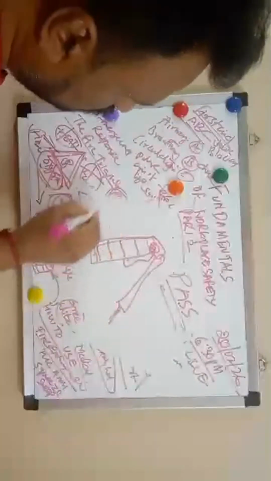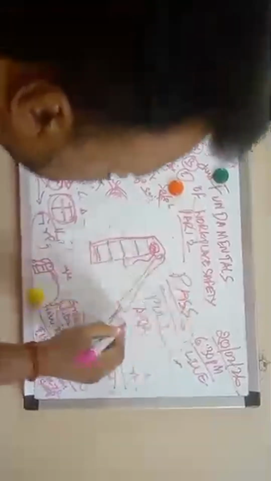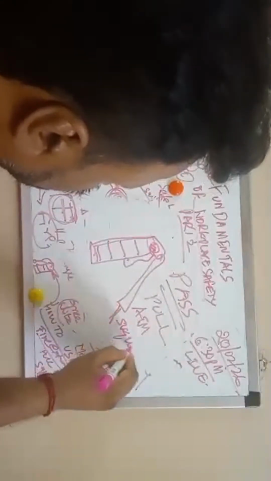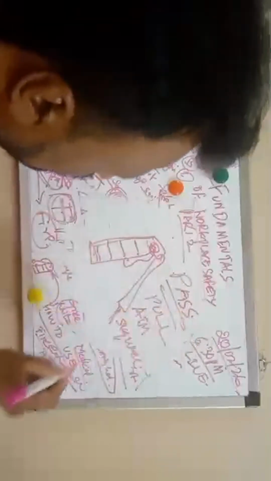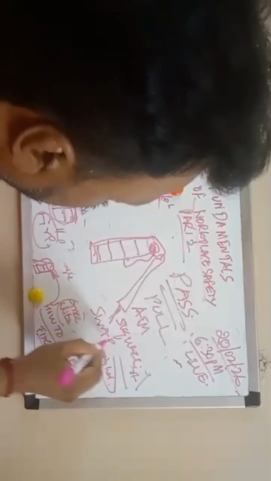PASS. P means pull, A means aim, S means squeeze, and the last S means sweep.